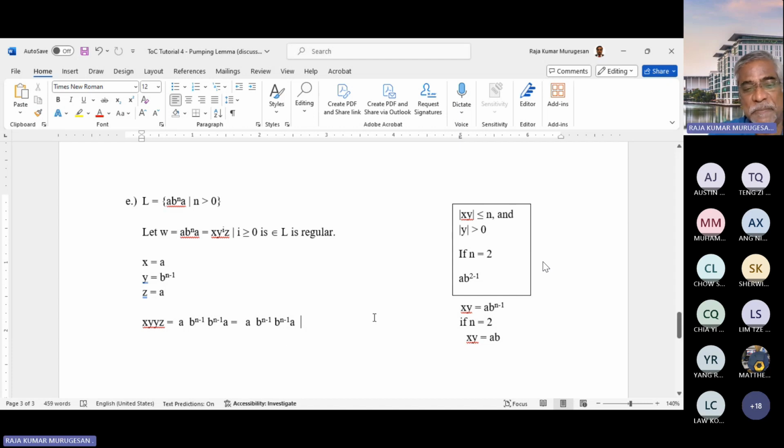How to rewrite this? Anyone? How to rewrite this, a followed by b length n minus 1, b length n minus 1, a?